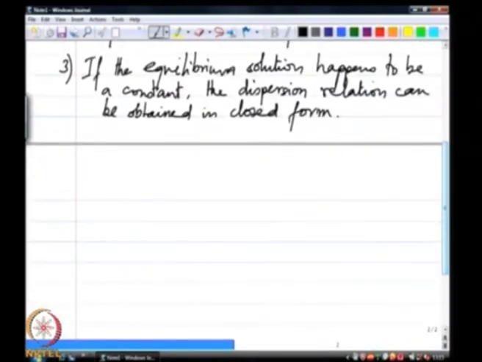If not, one would have to solve for these eigenvalues. Essentially, the dispersion relation gives us the eigenvalues at any point in time. If the equilibrium solution is not a constant, one would have to solve for those eigenvalues numerically.